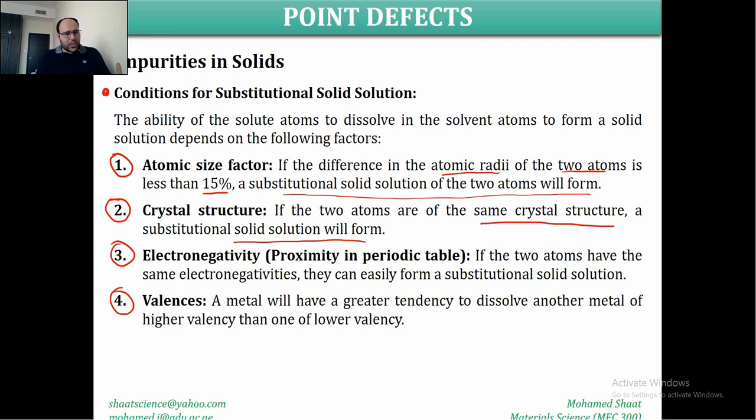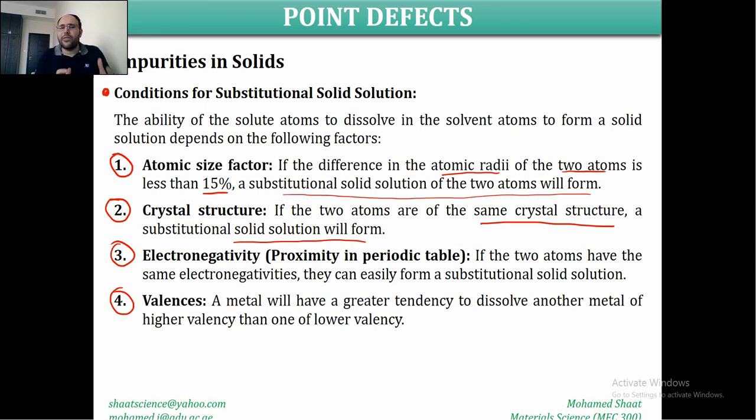How about if you have FCC and HCP? The difference between FCC and HCP is too big in the crystal structure, so it becomes more and more difficult. But between FCC and BCC, there is no big difference as long as they belong to the same crystal system. If you remember from chapter 3, both are cubic.